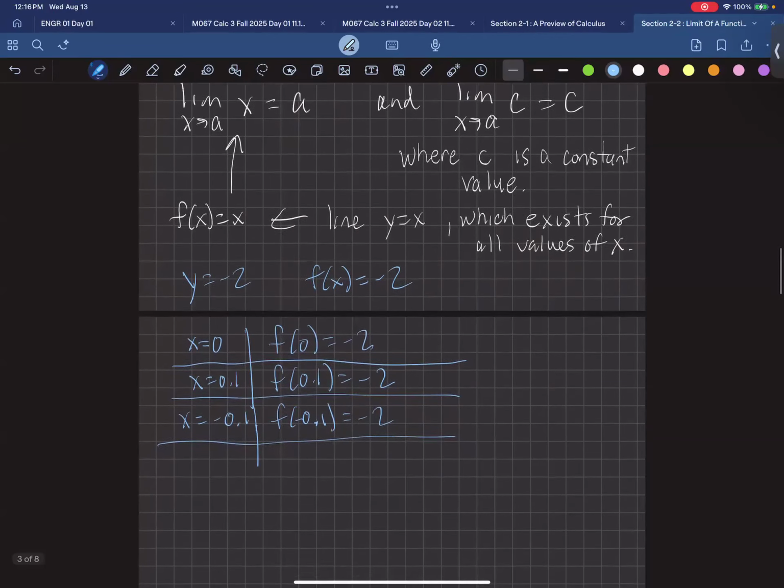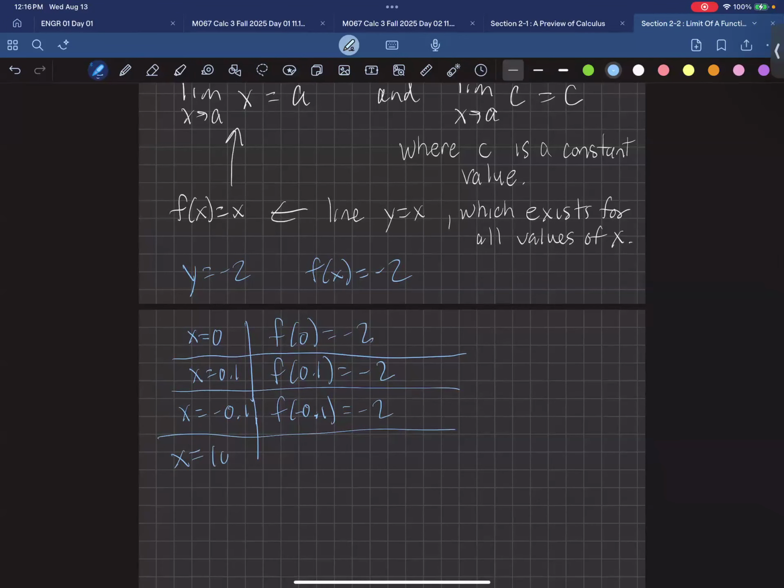It doesn't even need to be anywhere near 0. I could do x equals negative or positive 100. f of 100 equals -2 because there is nowhere to plug in an x. I can't plug anything in.